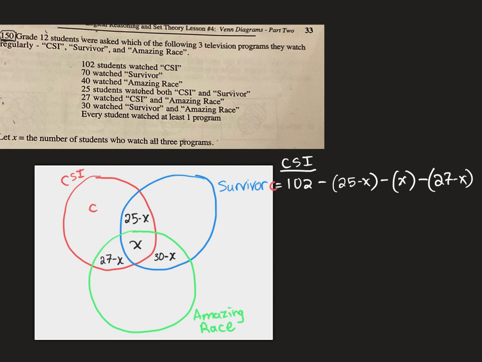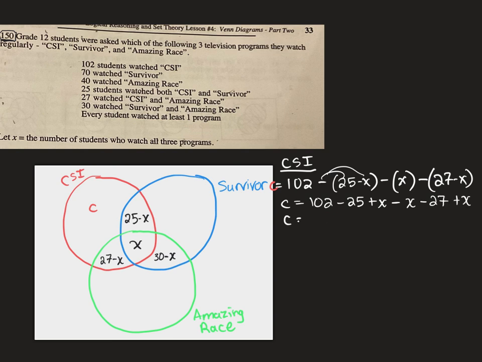That will give us our region right there. Okay, so let's simplify that. 102 and distribute the negative through, so minus 25 plus X, because that negative gets multiplied to each thing. And then we have this minus X, and then again distribute, minus 27 plus X.